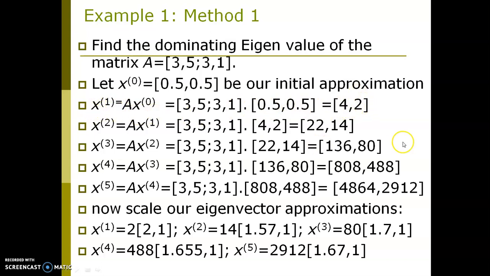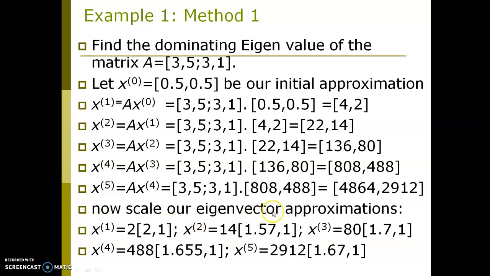So x1 becomes 4, 2. Using this for the next calculation, we multiply it again by A and obtain x2 as 22, 14. So on, we keep on doing it for a number of iterations and finally we obtain this value as x5. Suppose we have decided to take up to 5 iterations.